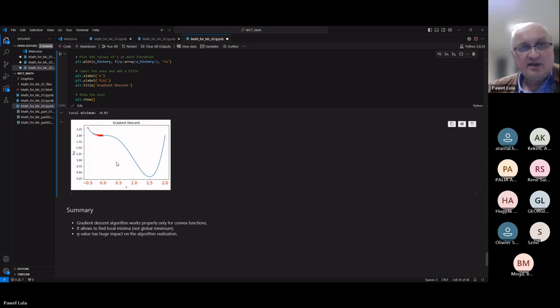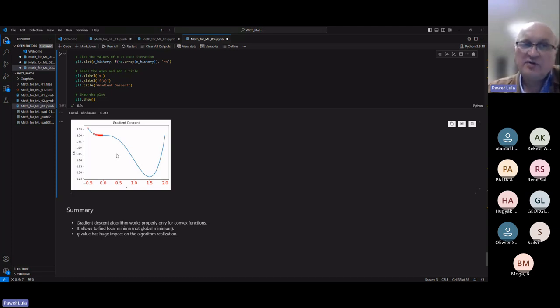But in real applications, when we have functions not with one parameter but with, for example, 1,000 parameters, it is not possible to present this function graphically. And we don't know where our calculations are.